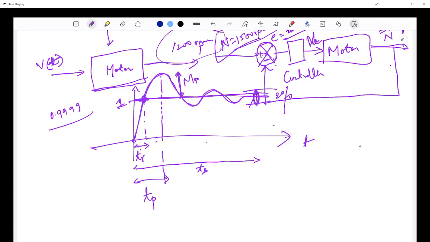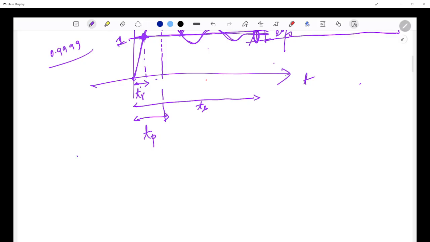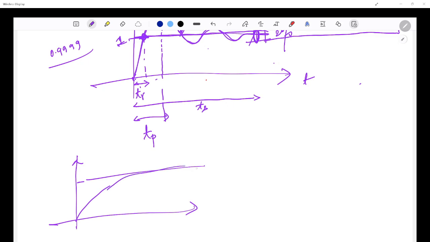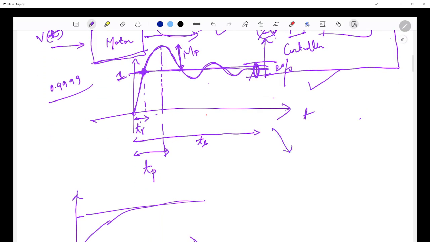All right, so when you saw the first order system response, I hope you might have seen this kind of response where it reaches the steady state value, right? And when you saw the second order response, it looks like this. And you might have already seen the transfer function corresponding to this, which is output upon input.